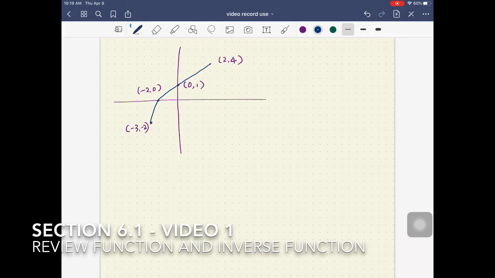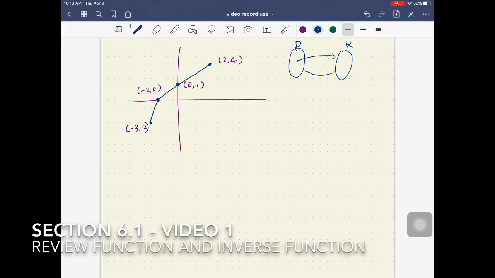Okay, so I have those 4 points on the graph. As I mentioned before, for the original function, the domain is our starting point and the range is our endpoint.